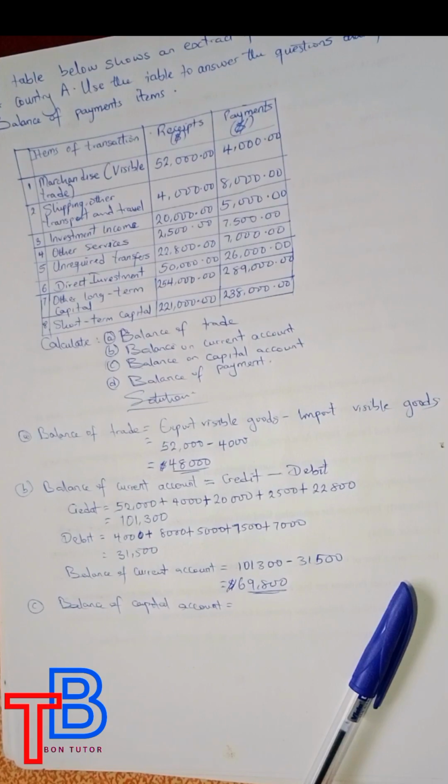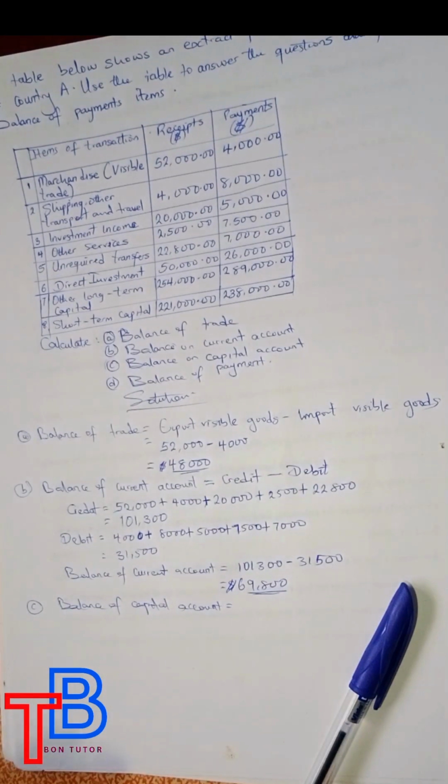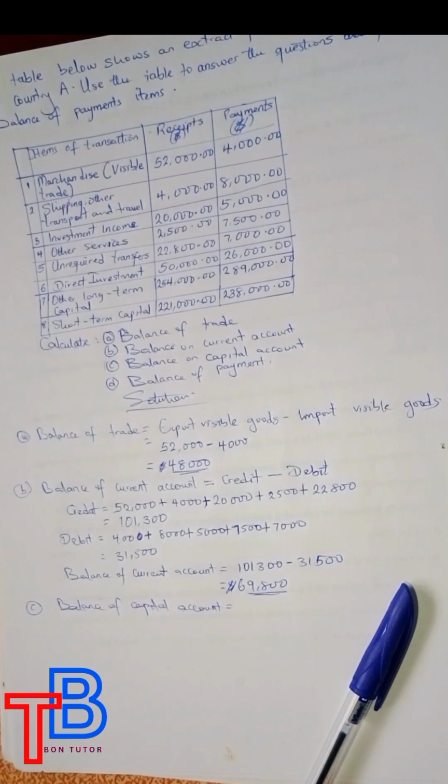Anything that deals with exchange within the country, or anything like change of patents, falls under capital. And in this question, they've even simplified it by mentioning the long-term capital and the short-term capital. Automatically, that will fall under capital. And direct investment also is under capital, because you invest it on an asset.